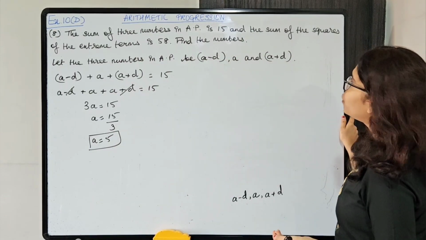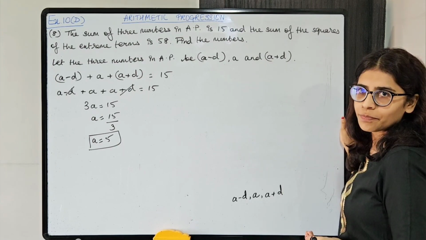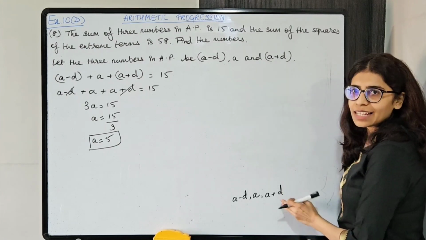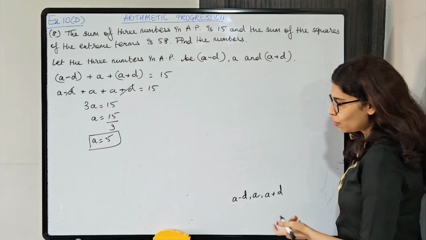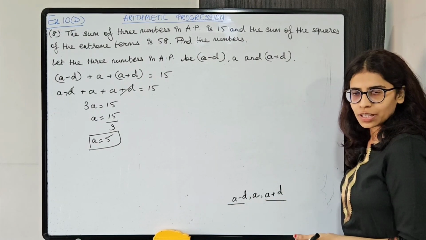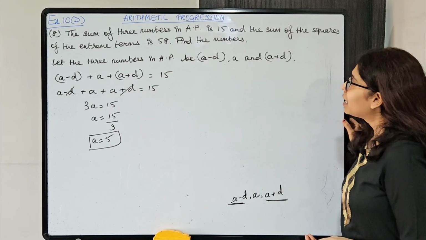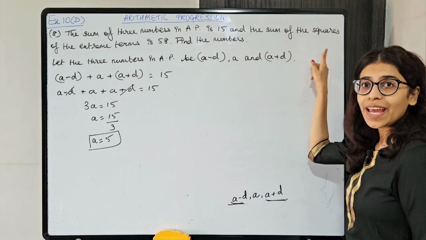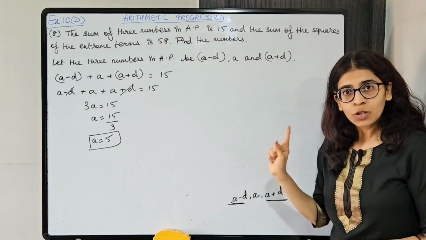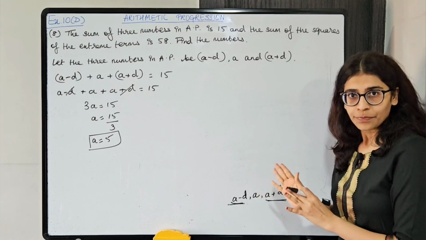Second condition is also given. The sum of the squares of the extreme terms is 58. Which are the extreme terms in an AP? The first and the last are the extreme terms. Okay. So A minus D and A plus D are both extreme terms. They told us the sum of the squares, plural. Okay. So take the square of both and then add.